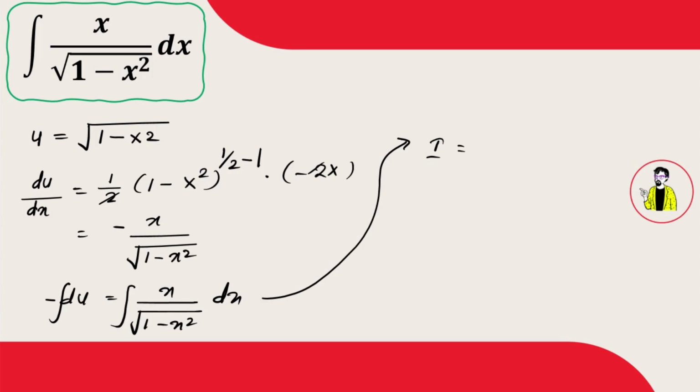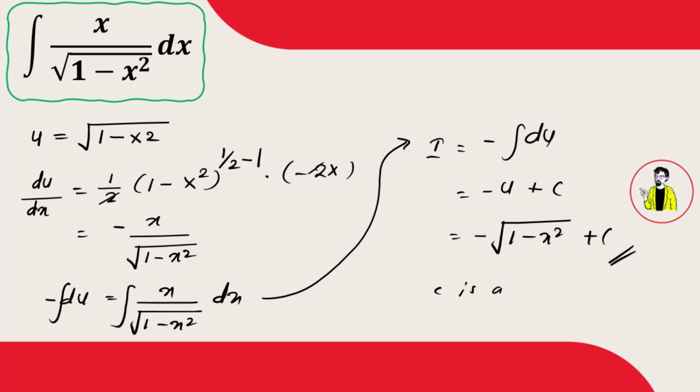So it is equal to minus du, so you get minus u plus c. So minus u is minus square root 1 minus x squared plus c. Here c is a constant.